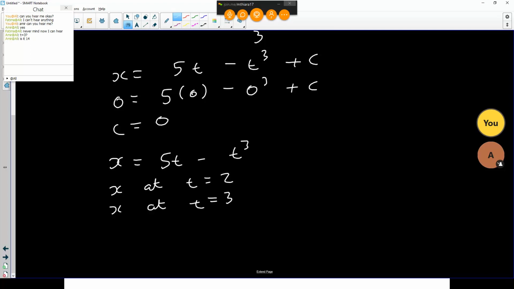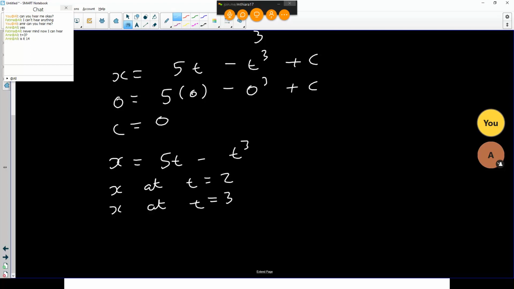Okay, so over here, when you substitute in t equals 2 and t equals 3, you get 14. So let's see how else we could have done it.